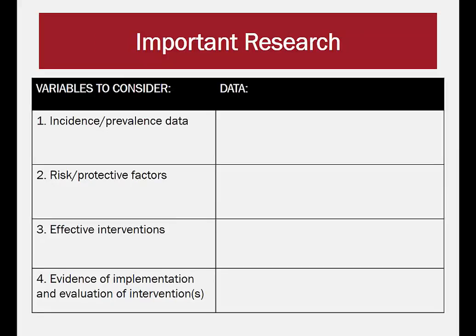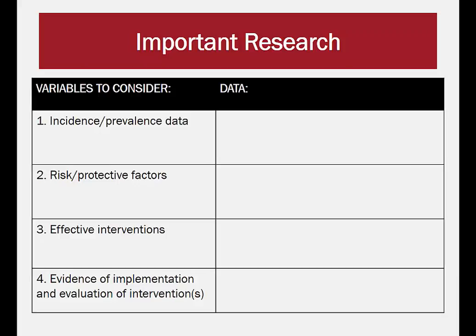These are the important variables to collect data on to discuss with policymakers. This includes data on the risk factors that contribute to the fatal collisions, data on effective interventions that could be implemented to enact change in this case, and finally, evidence around how to implement and evaluate the effective intervention chosen.